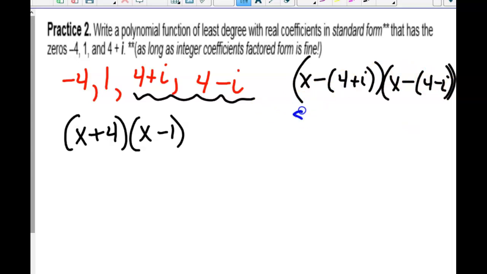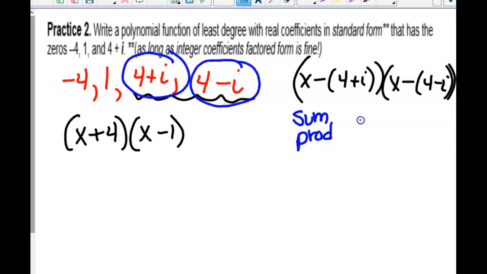Okay, the shortcut is we need to find the sum and product of these two zeros. If I add 4 plus i to 4 minus i, what do I get? Okay, if I multiply them together, I get 16 minus an i squared. 4 times 4 is 16, the middle terms drop out, and a negative i squared.